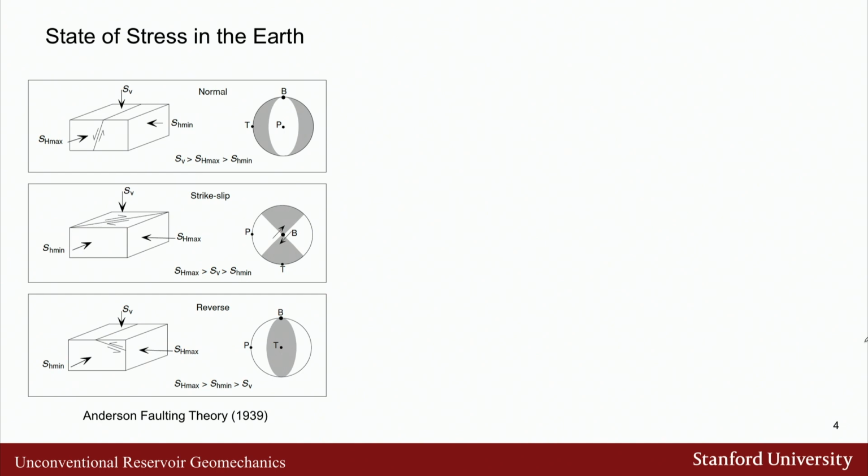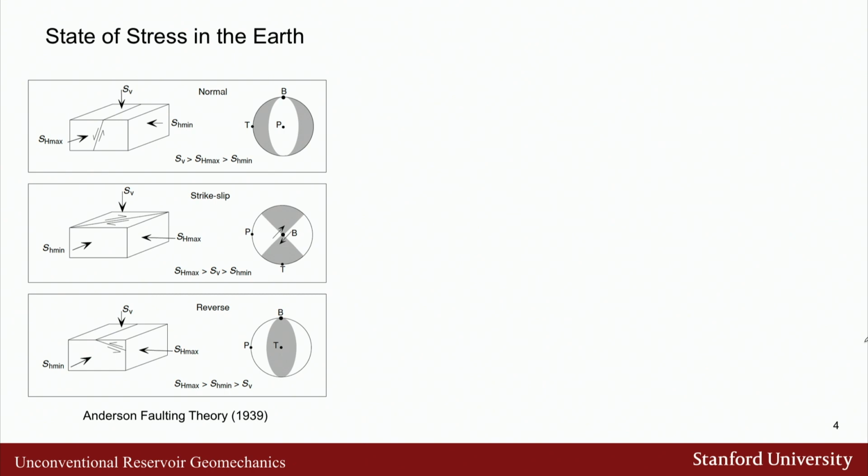In 1939, Anderson wrote a classic paper defining what he called normal faulting, strike-slip faulting, and reverse faulting. The importance of this is he was actually tying an observation of deformation or slip on a fault to the forces that cause that slip.